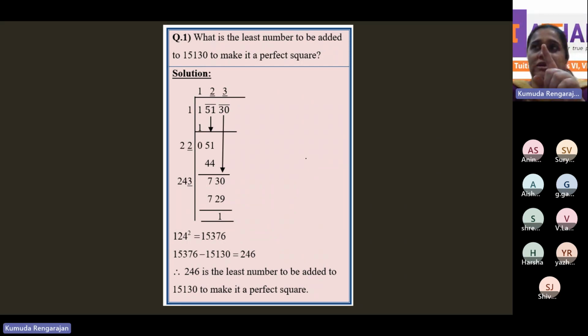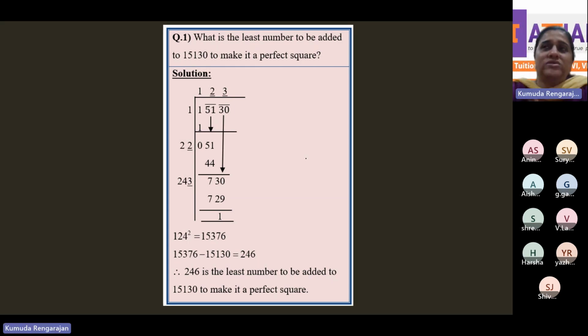Look at the quotient. I need to square the quotient. That number I get minus the given number. You get a new number. That is a difference. And that is the smallest number to be added. So this procedure, you must visualize.